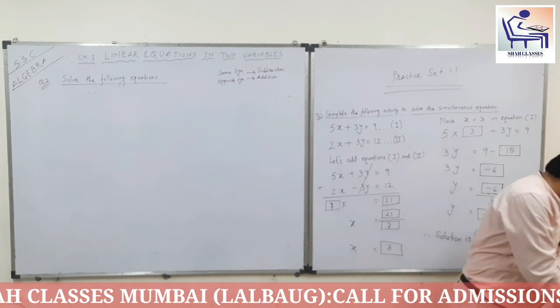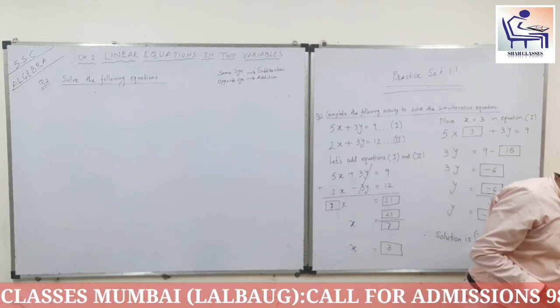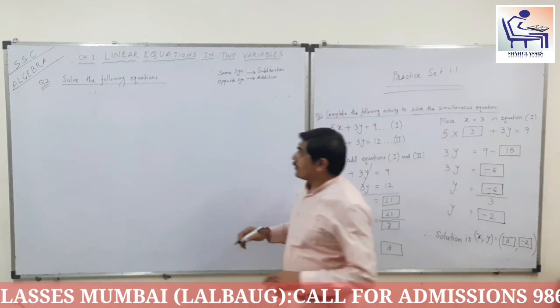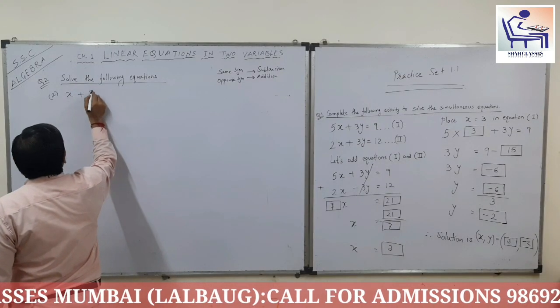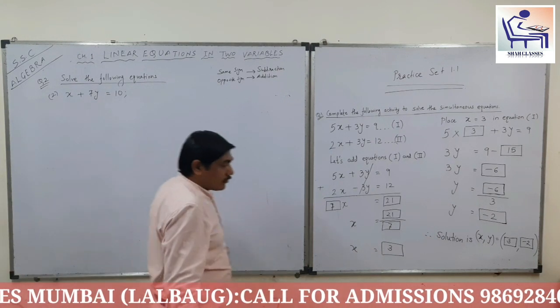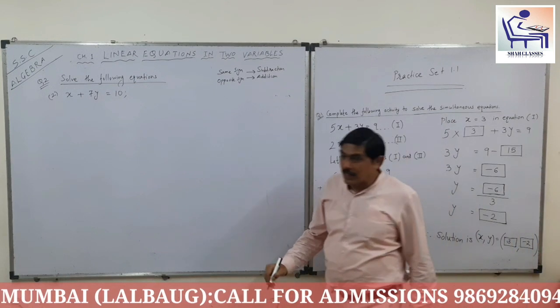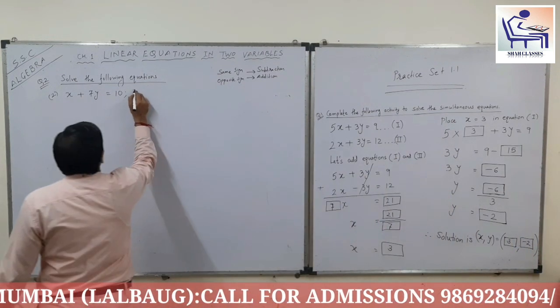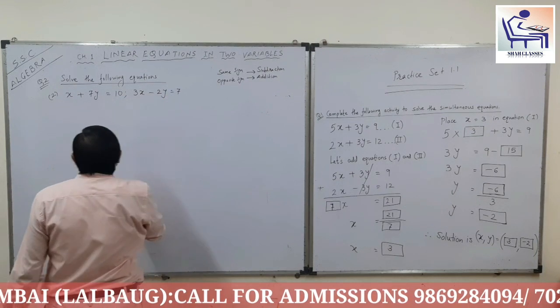So the second sum is x plus 7y is equal to 10. And the second equation is 3x minus 2y is equal to 7.